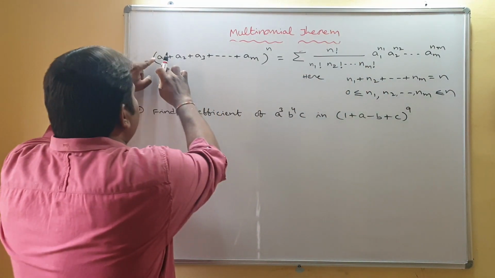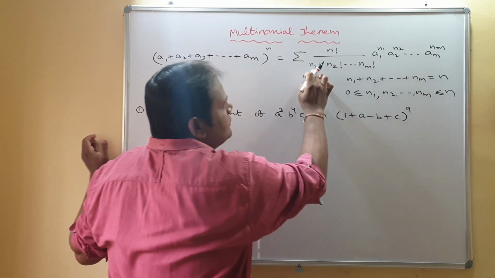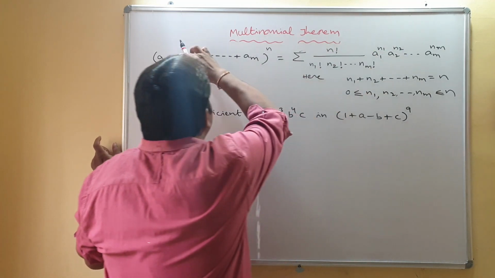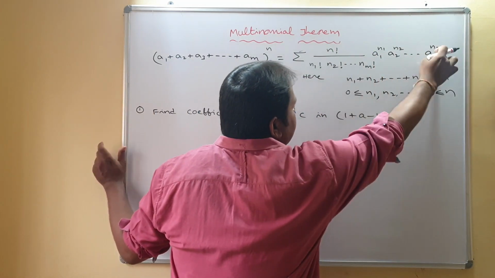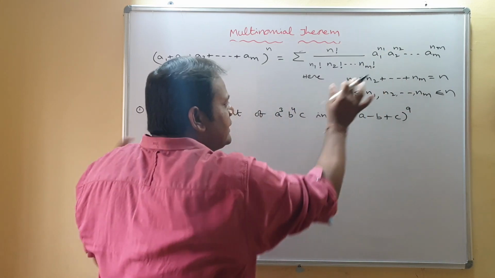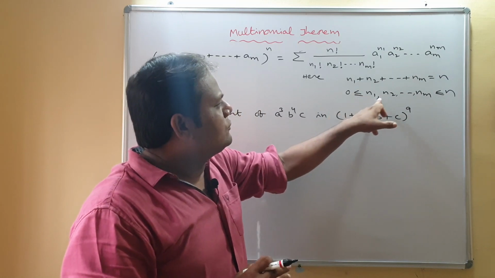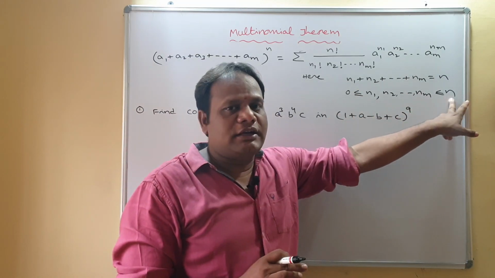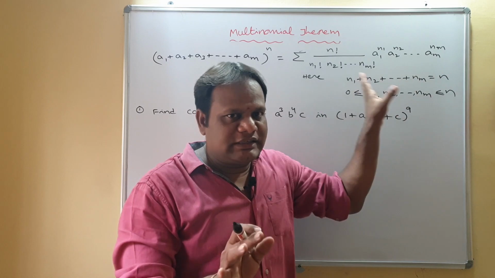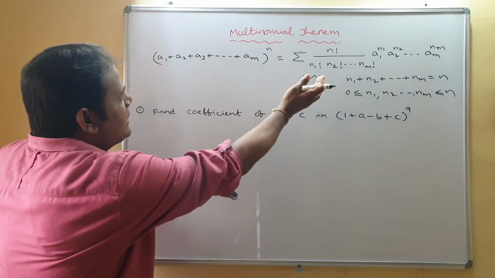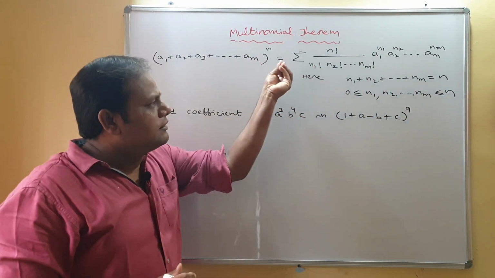What is the first term? a1. So a1 power n1, a2 power n2, so on am power nm. Here the sum of all the powers must be equal to n, and 0 less than or equal to n1, n2, so on nm less than or equal to what? n. Is it clear? So easily you can remember the multinomial theorem.